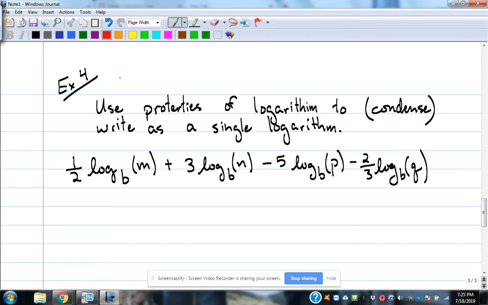So the first thing that I'm going to undo or condense is by bringing these coefficients back up as exponents on each term.